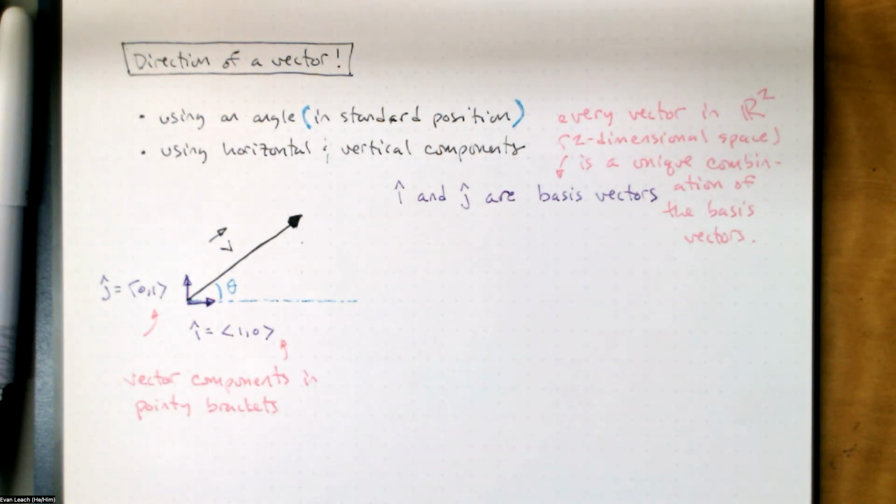We use i and j as a basis for describing two-dimensional space. Every vector in a plane can be described as a unique combination of these vectors i and j. This doesn't happen if we use theta, because theta equals 30 is the same direction as theta equals 390, or theta equals negative 330.